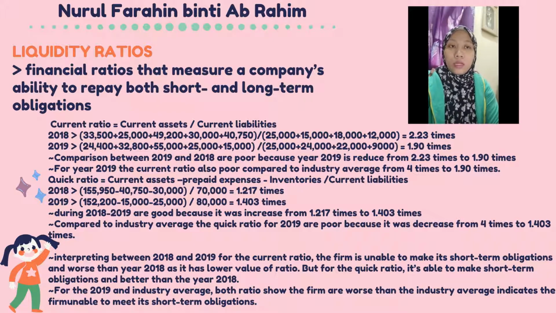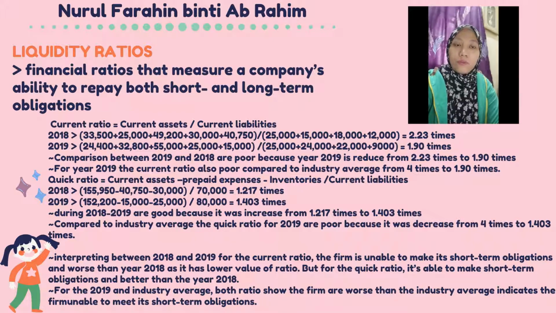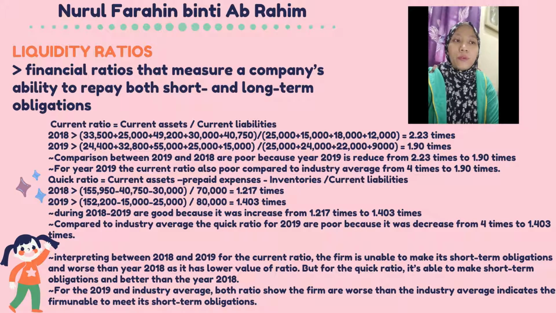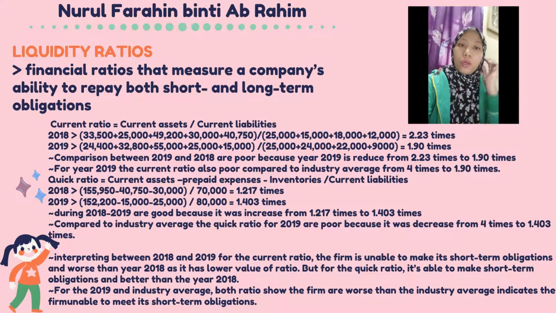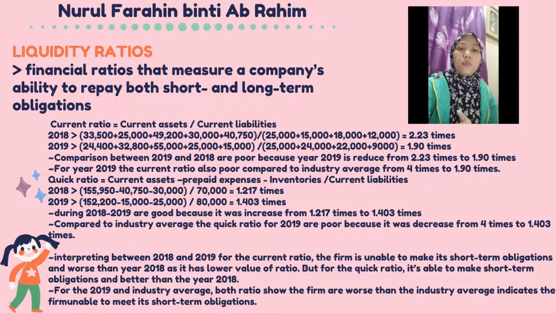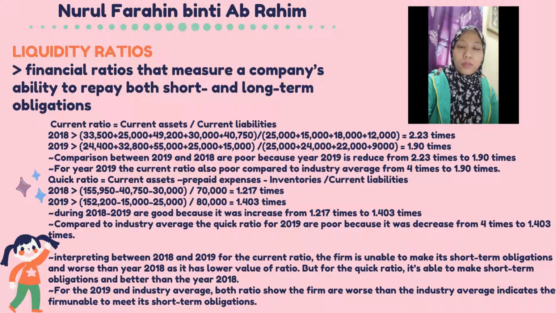For 2019, the total current assets are 152,200, minus prepaid expenses of 15,000 and minus inventories of 25,000, divided by total current liabilities of 80,000, we get 1.403 times. So from 2018 to 2019 it is good because it increased from 1.217 times to 1.403 times.